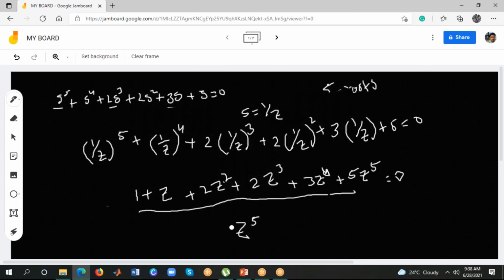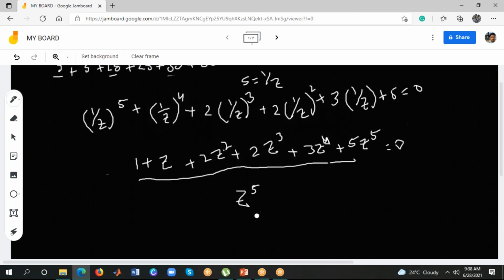If you simplify, 1 divided by z power 5 plus z divided by z power 5, the z cancels and you get 1 by z power 4, and z square gives z cubed.